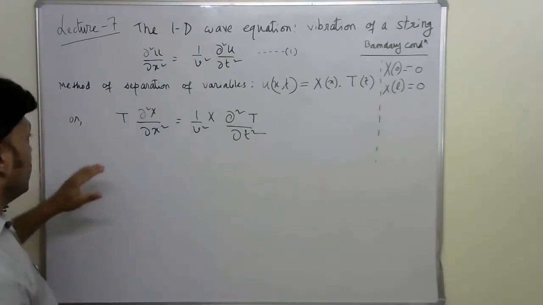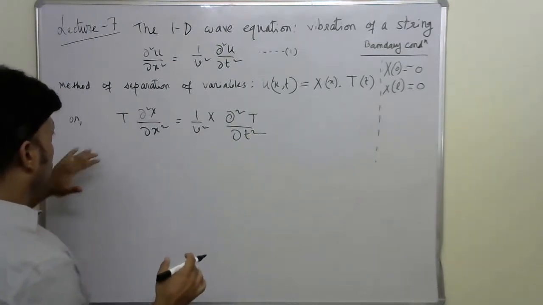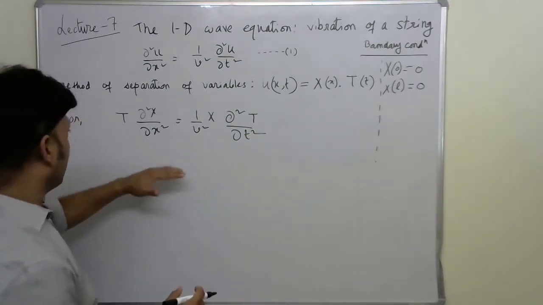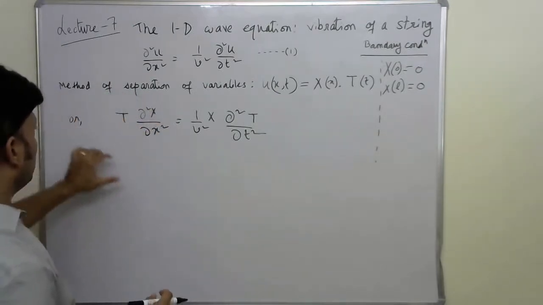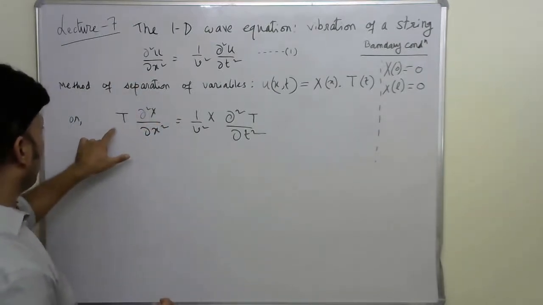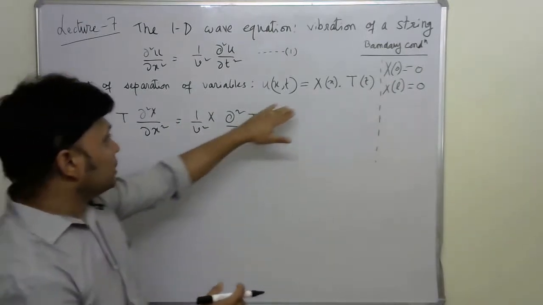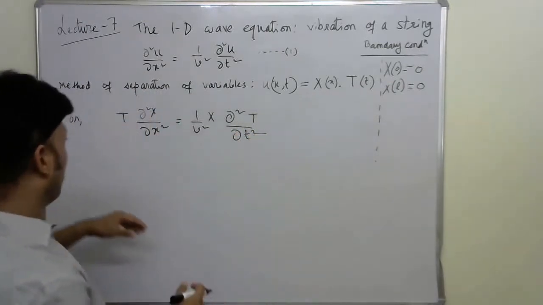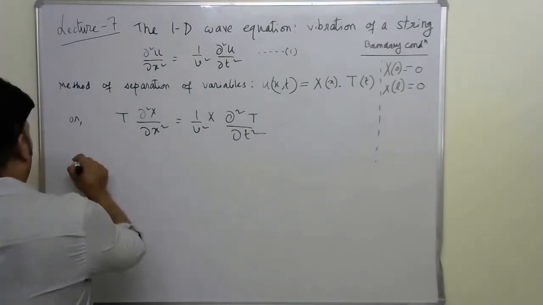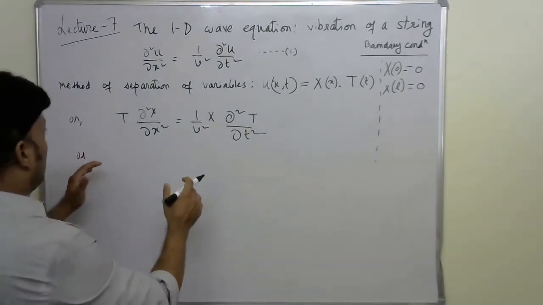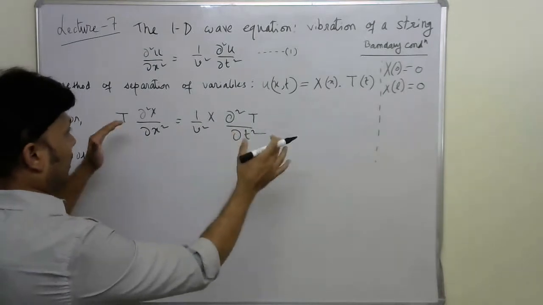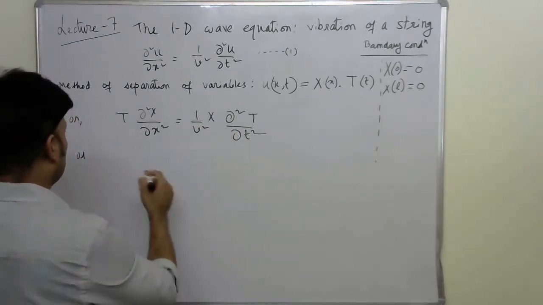Now in the next step, you see this has not been separated yet; this part has t and this part has x. So we divide both sides by this function, X(x)T(t), the product of these.